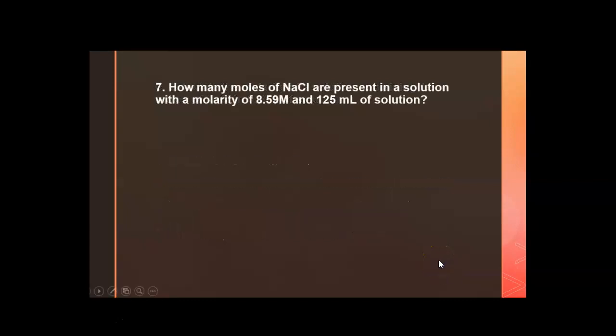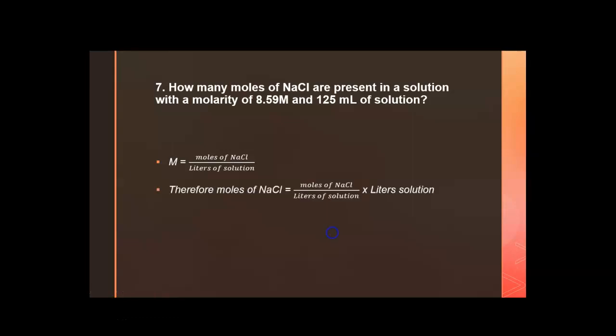How many moles of sodium chloride are present in a solution with a molarity of 8.59 molar and 125 milliliters of the solution? Well, we go back to our definition of molarity, and we're given the molarity here. So to find the moles of sodium chloride, we would multiply both sides of the equation by the volume, liters, and we get moles of sodium chloride equals moles of NaCl divided by liters of solution, that's the molarity, times liters.